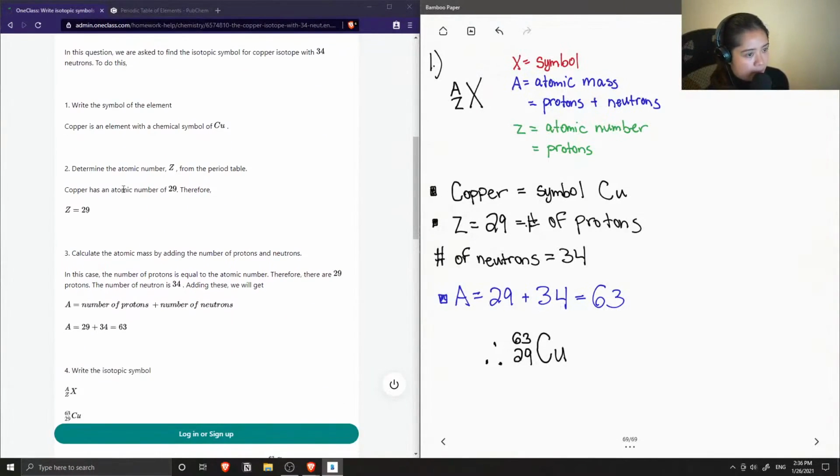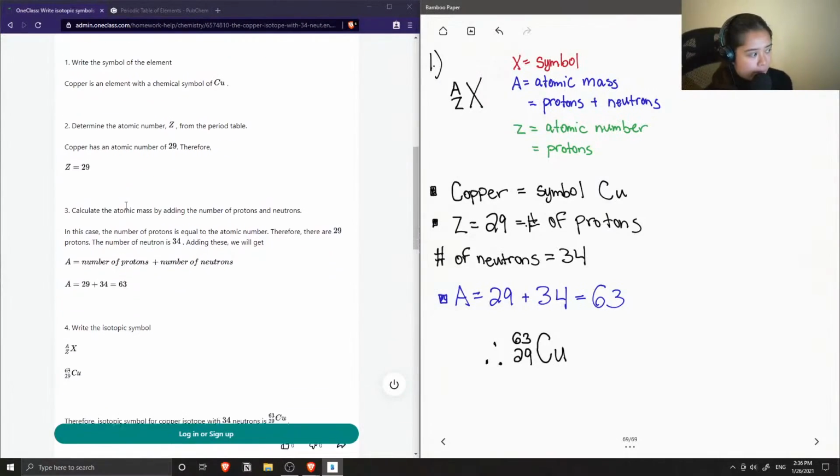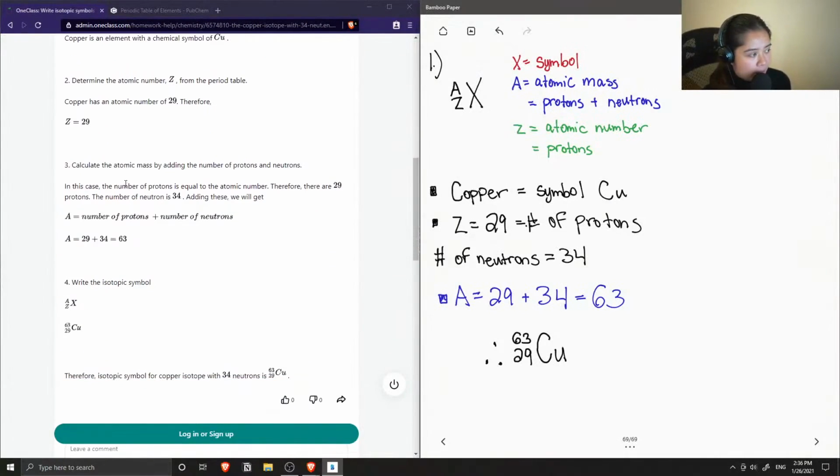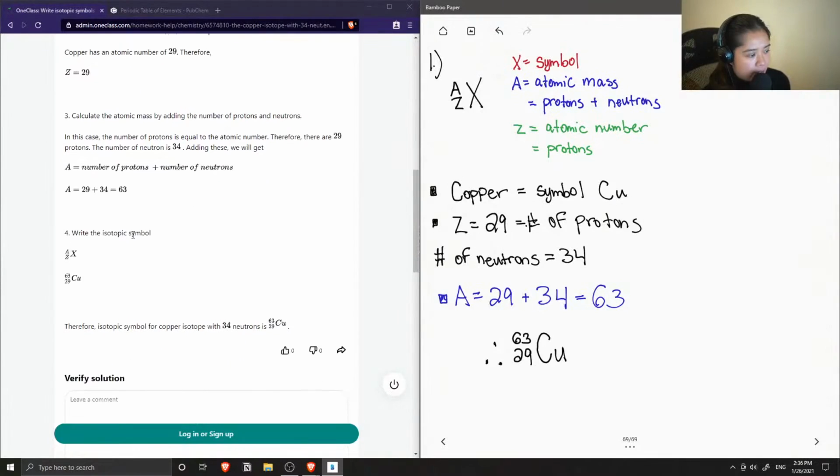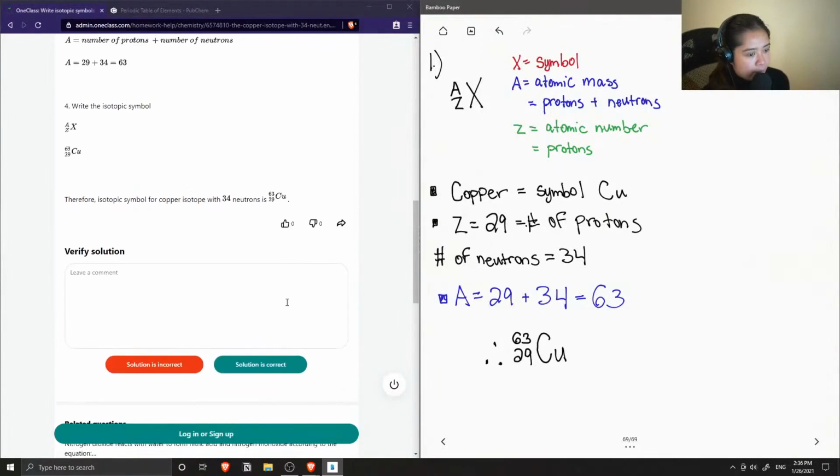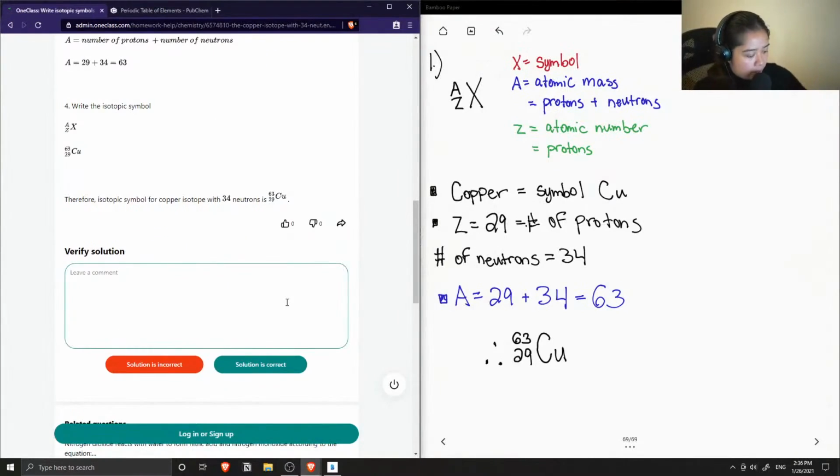So first they wrote out the symbol, and they found the atomic number from the periodic table, which was 29. And finally, they calculated the atomic mass by adding 29 and 34 to get 63. So they got the same answer, and this solution is correct.